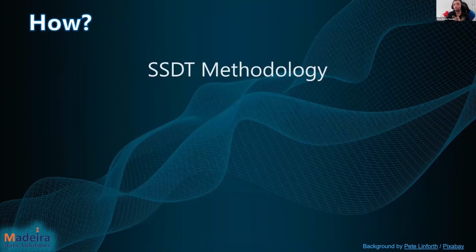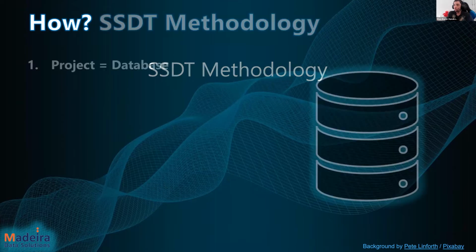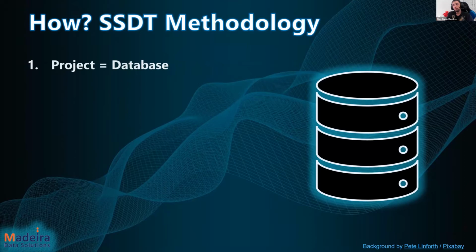Okay, so now that we know how to get it, now we need to know how to work with it. So let's touch a bit on SSDT methodologies. First thing important to know is that SSDT, or specifically the SQL Server Database Project, each project is supposed to represent a database. So all of the objects that are created within it are database scoped.